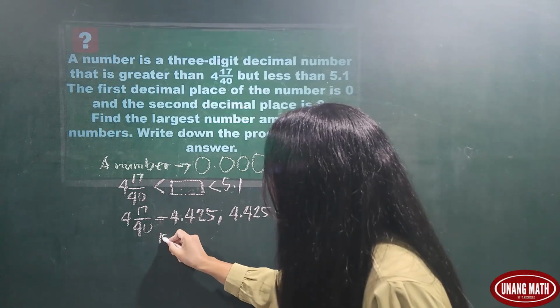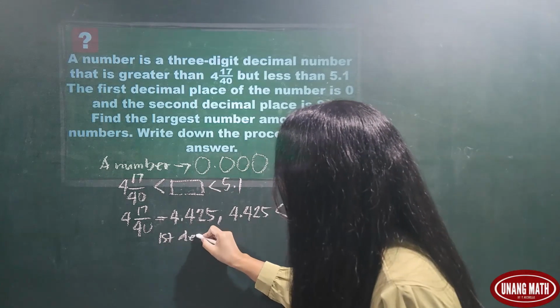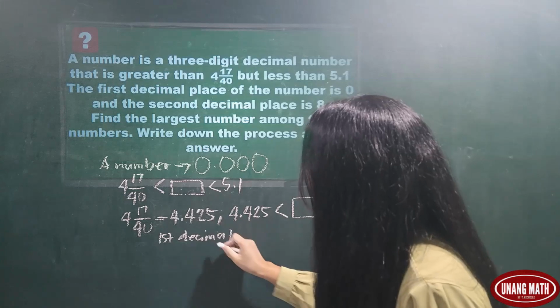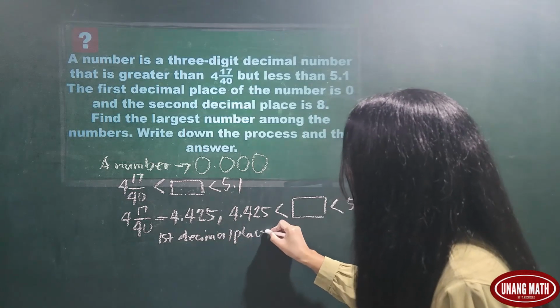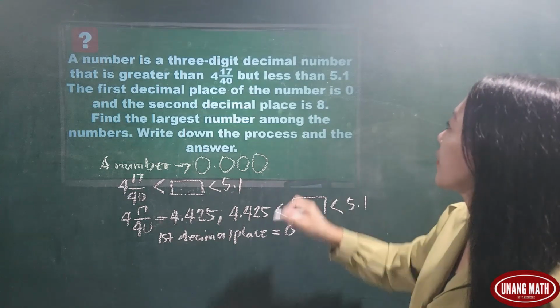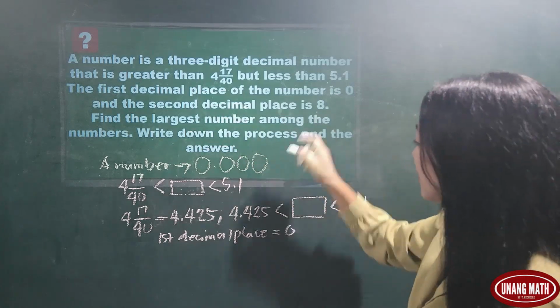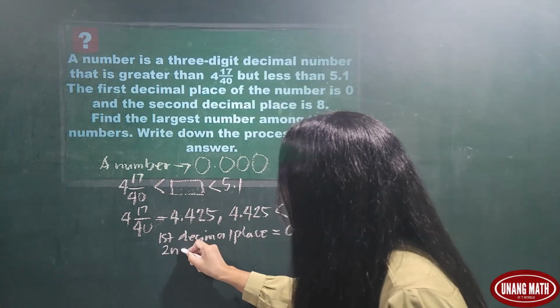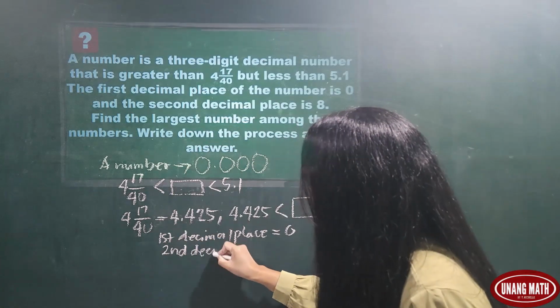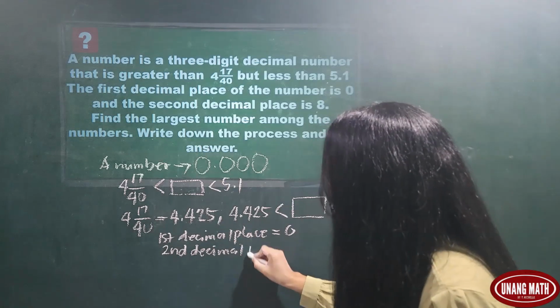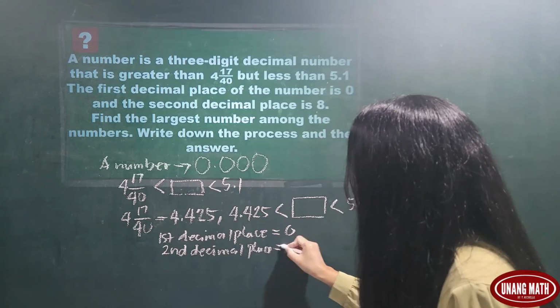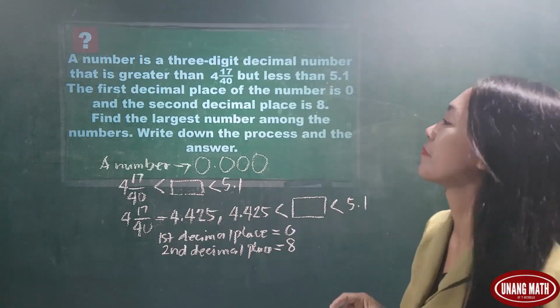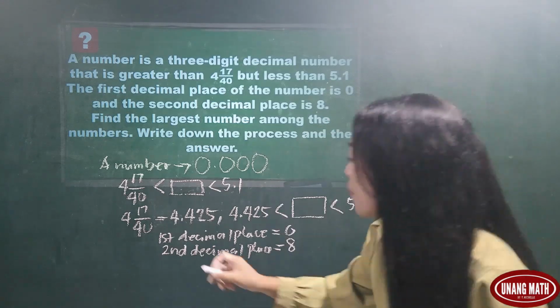Okay, first decimal place is 0. Okay, second decimal place is 8. Okay, second decimal place is 8.